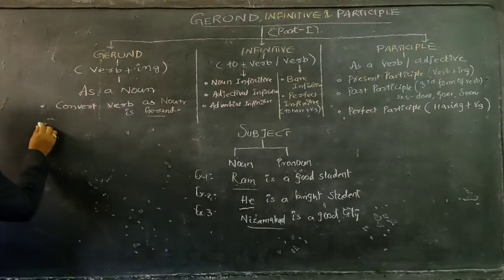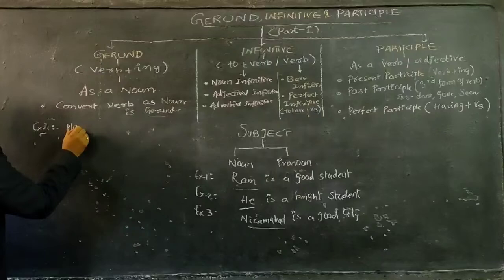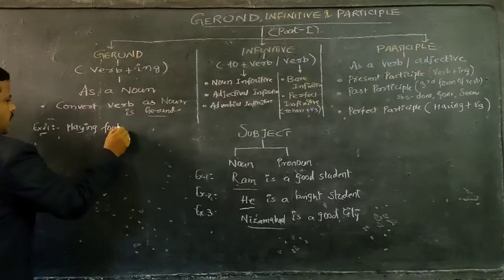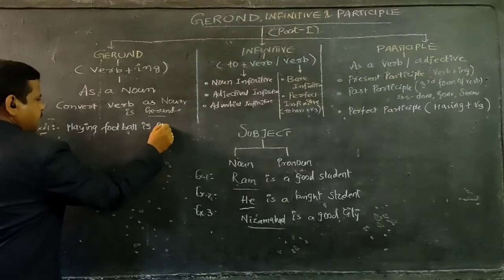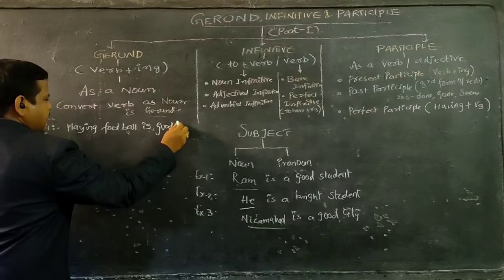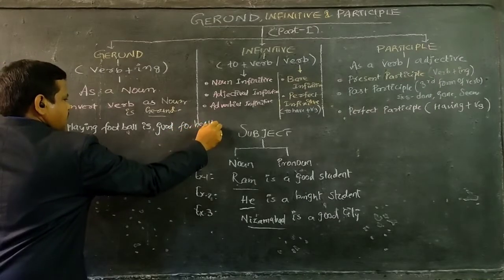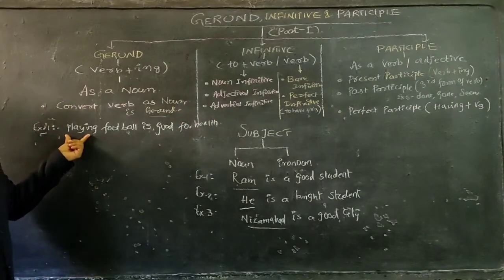Let us take a small example before I start this concept. Playing football is good for health. Let us suppose this is a small sentence. Now see this, students, here I am talking about a verb.